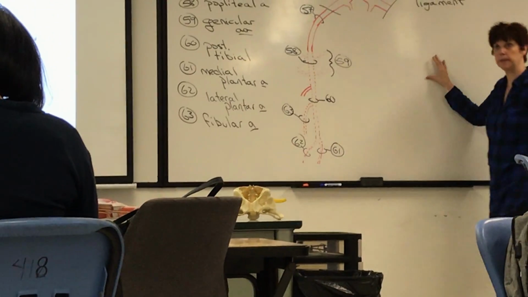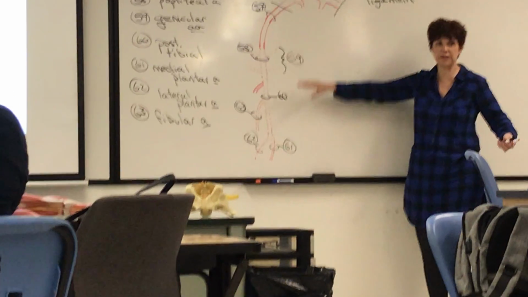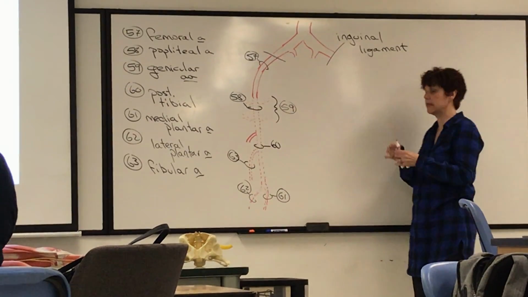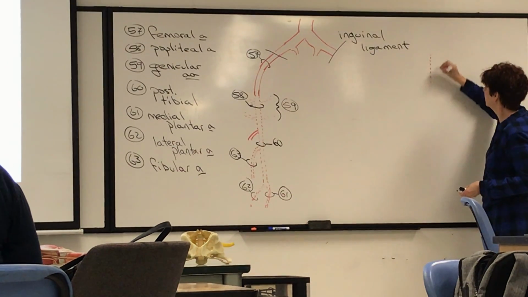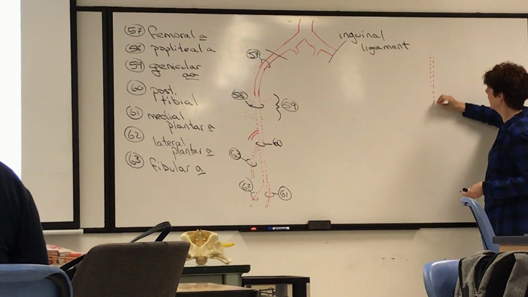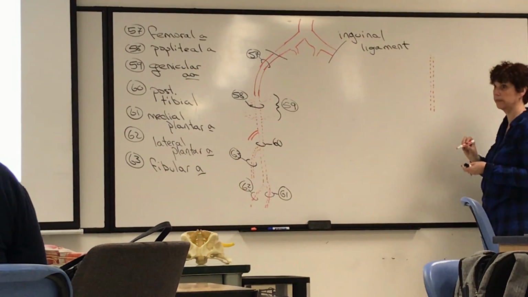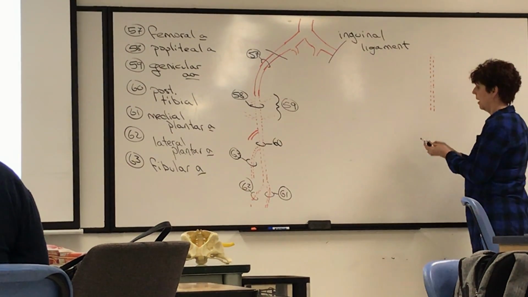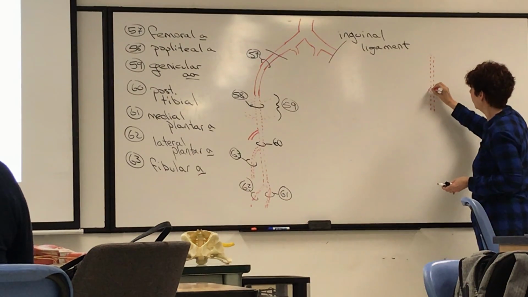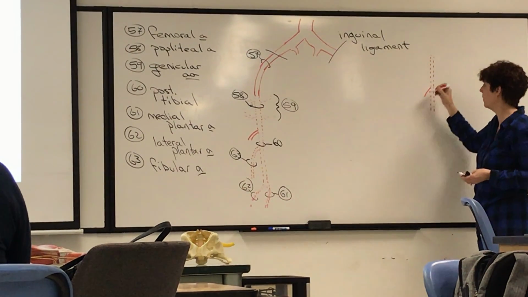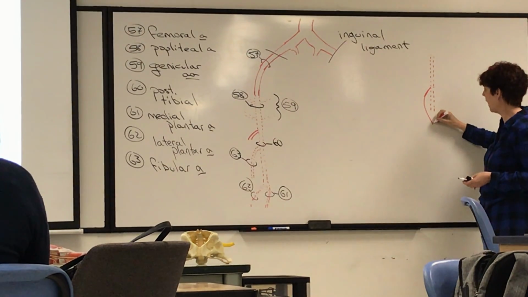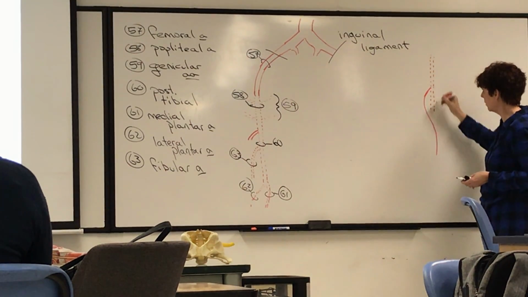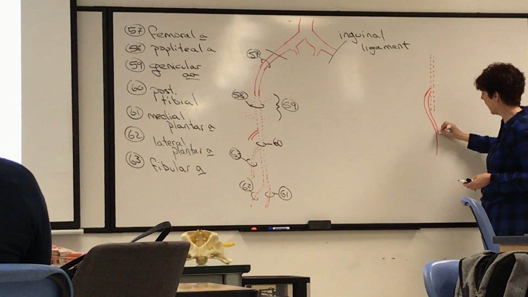All right, I'm going to take this segment here and draw it a little bit larger over here, because drawing the anterior tibial on top of that just tends to make it even more confusing. So again, we're going to have popliteal, and it's going to continue as the posterior tibial, okay? Anterior tibial comes off, passes between the tibia and the fibula, passes to the front of the leg, and travels deep to the muscles of the anterior compartment of the leg.